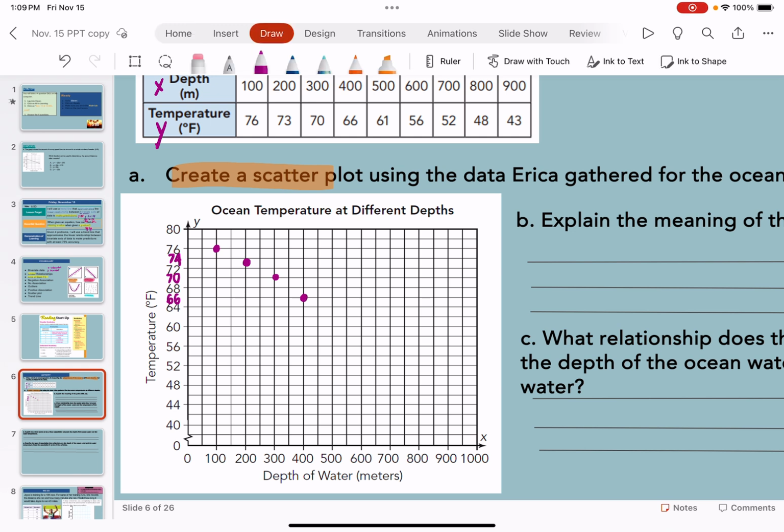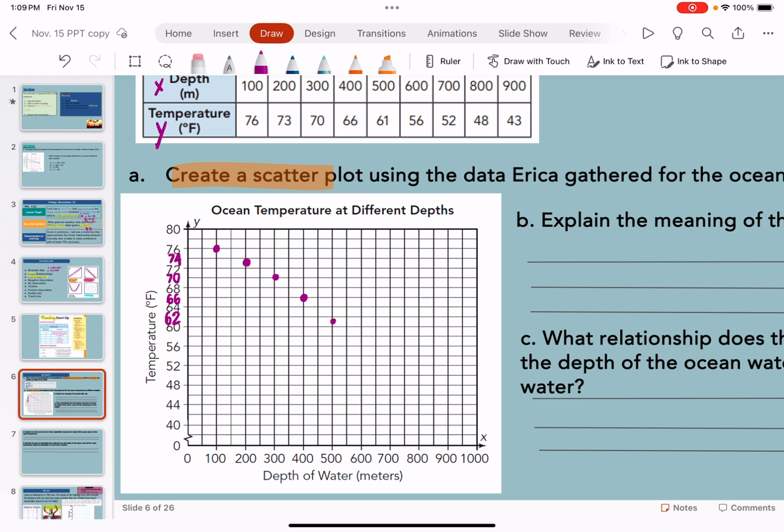Then we have 561. So 61, of course, is not labeled because it's an odd number, and you can see only the even numbers are labeled. But between 60 and 64 is going to be 62, and obviously 61 is going to be below that. So it is going to be something like this.